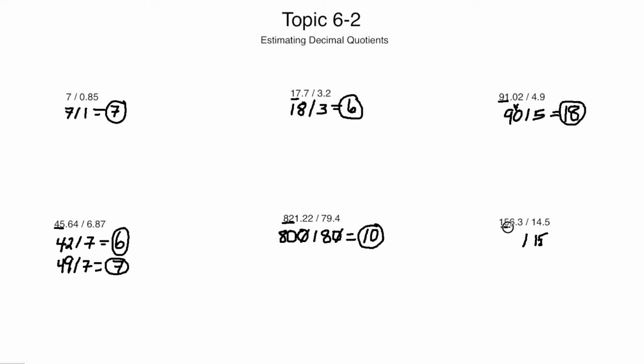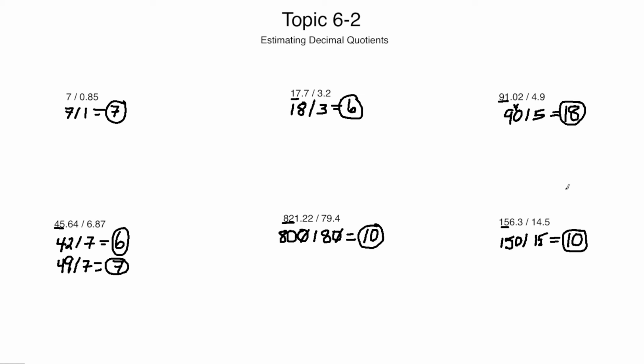Well, look at that. It's already 15. So I'm going to estimate the dividend to 150. And 15 goes into 15 one whole time, and don't forget about that 0. So my estimated quotient is 10. Did you get that?